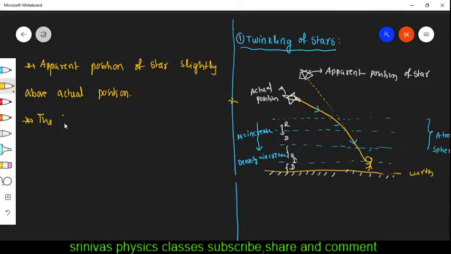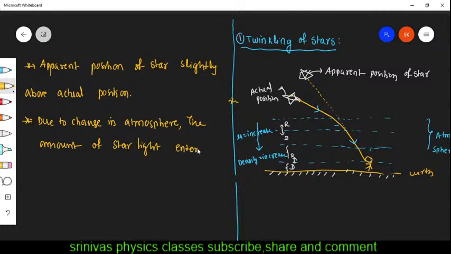If the amount of light entering into the eye changes due to change in atmosphere, the amount of starlight entering into the eye changes with time.